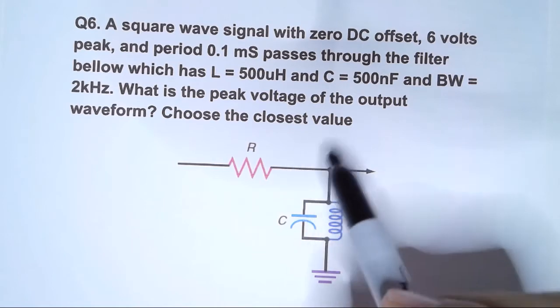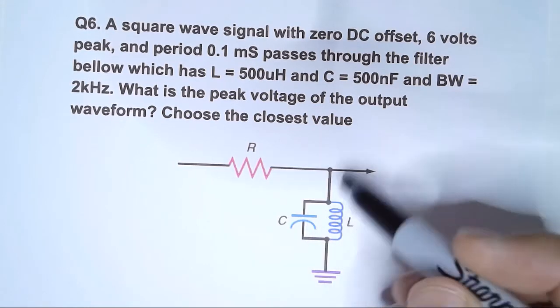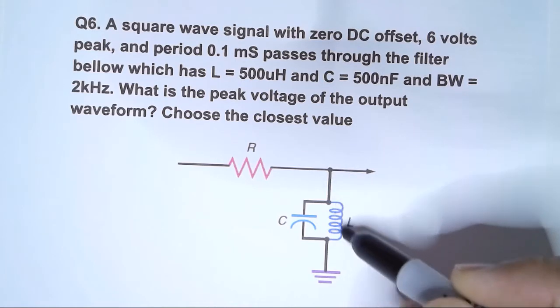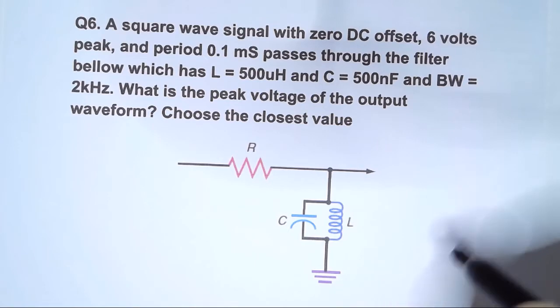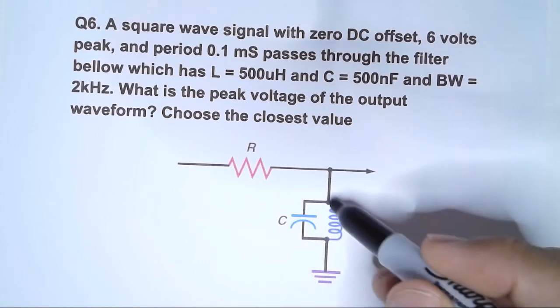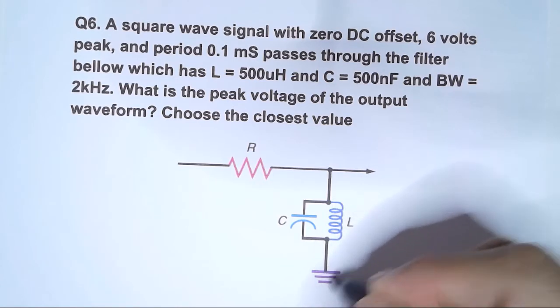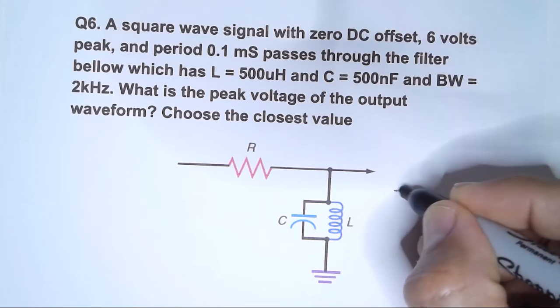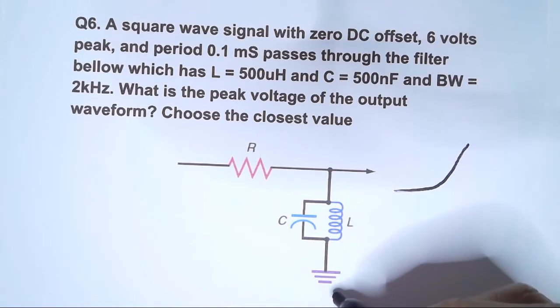That means that some frequencies will go through, but also some frequencies sink to ground. That means that at DC we'll have the lower frequencies being attenuated. Something is going to happen in the middle.